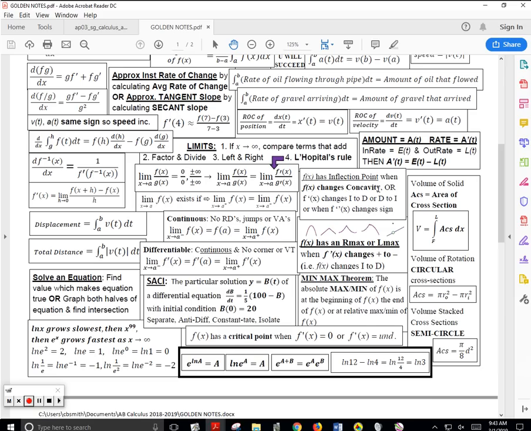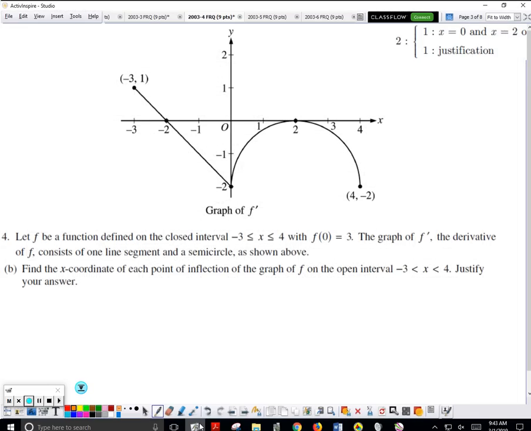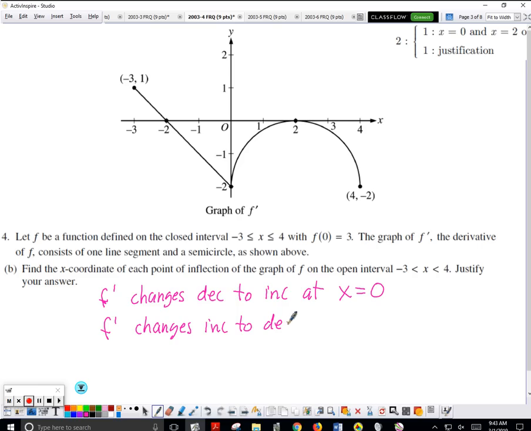Questions on this? So back here I write F prime changes decrease to increase at x equals 0. F prime changes increase to decrease at x equal 2.